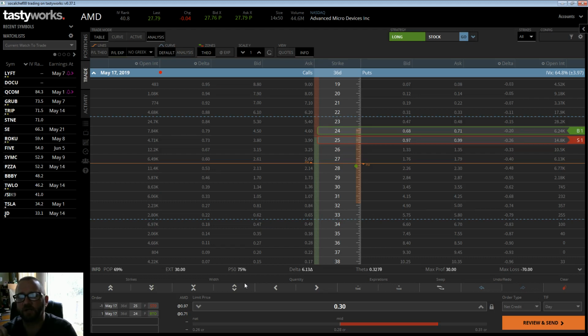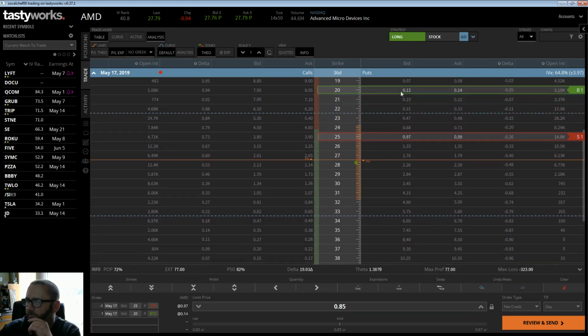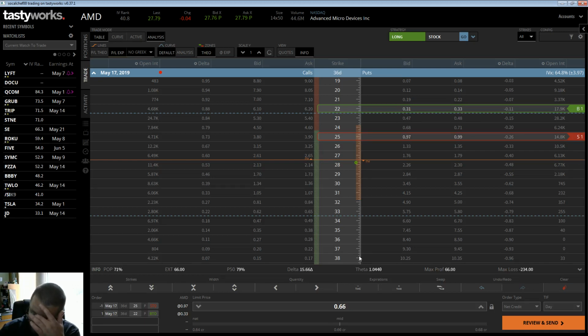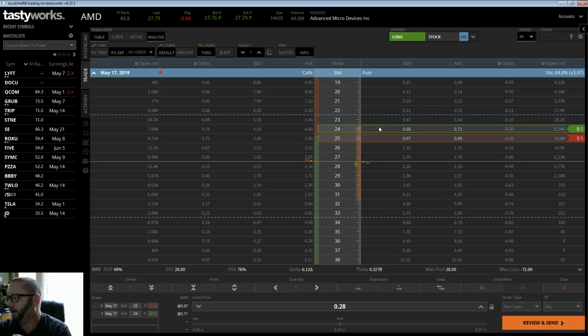Now, I like to go about $3 wide, all the way up to $5 wide. A couple of reasons why I do that is, you have $1 wide. That's only $28. A lot of you might want to drop a lot more contracts down to make it a more reasonable trade.